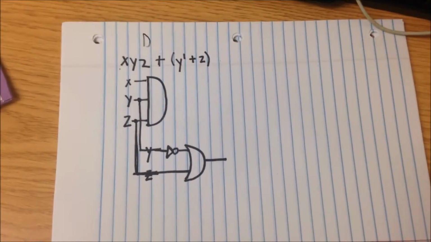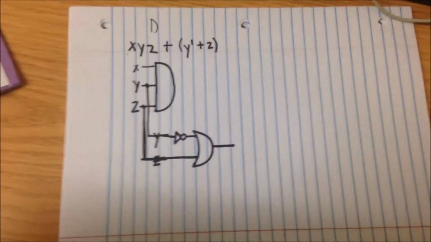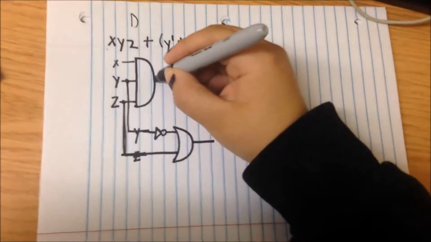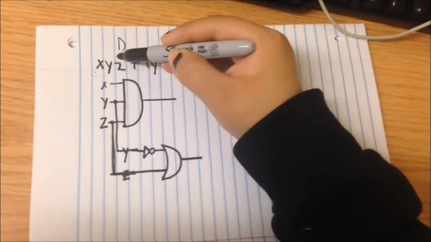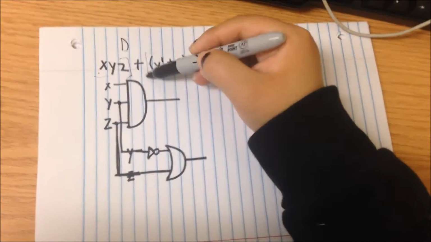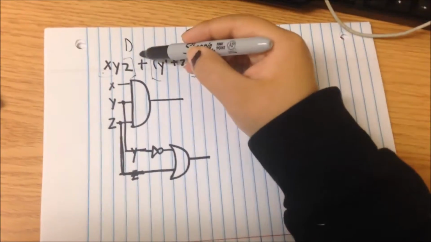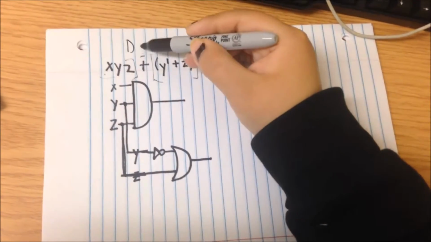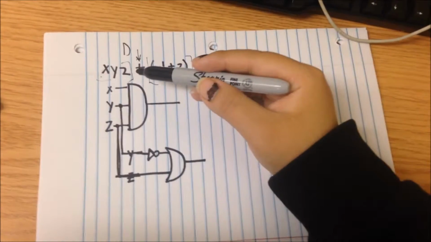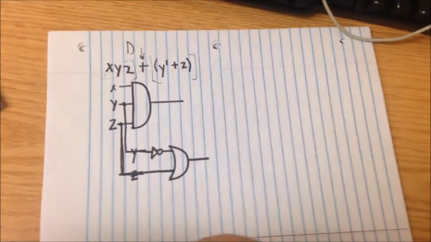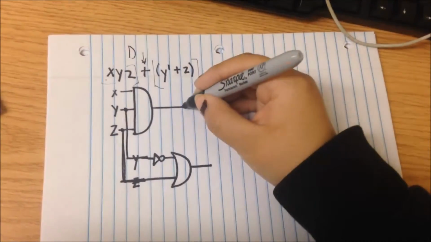But now, to connect these two, just like your Boolean expression here, this expression here is connected with this. How? Well, with this plus sign right here. With that plus sign, what is the logic gate for that? Your OR gate.